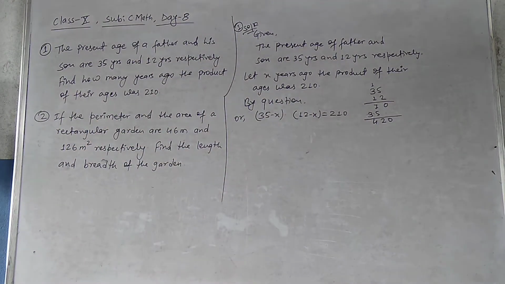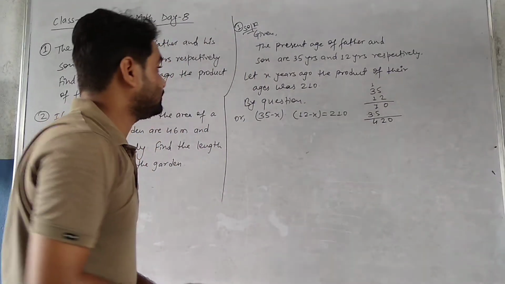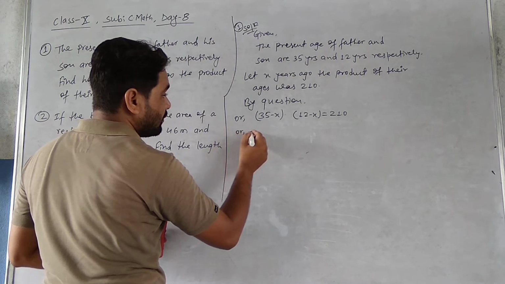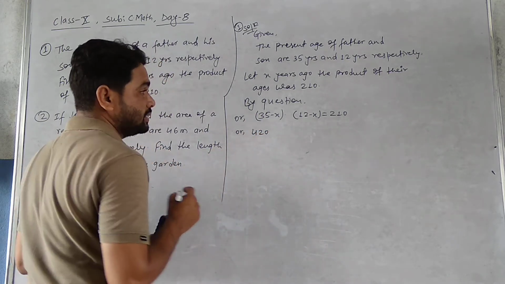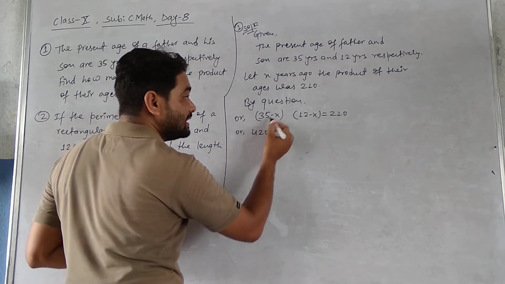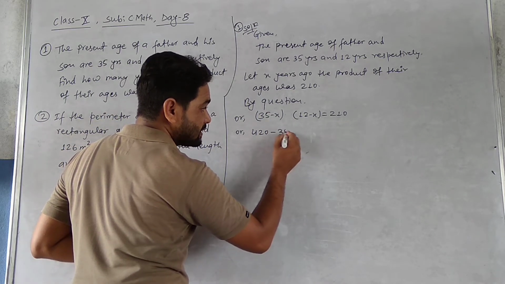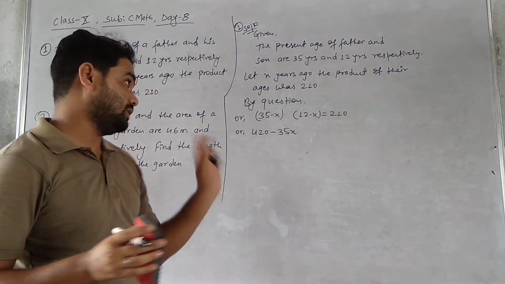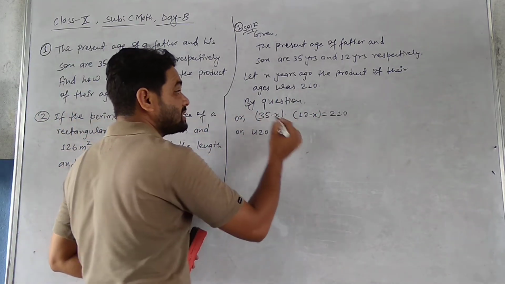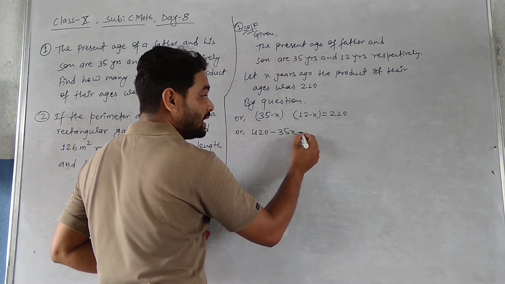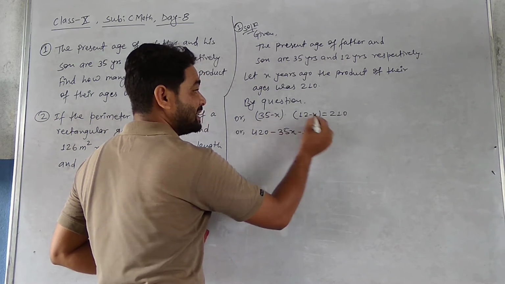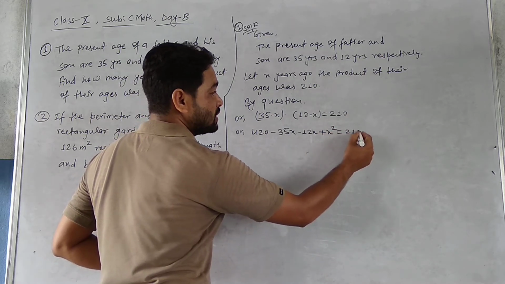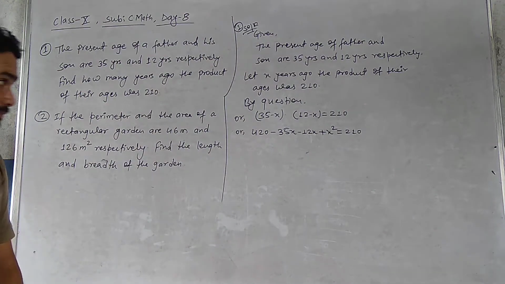This is 420. So we get 420 while multiplying 35 with 12, and minus 35x while multiplying 35 with x. Now with x: minus 12x, and minus times minus gives plus x square, equals 210.